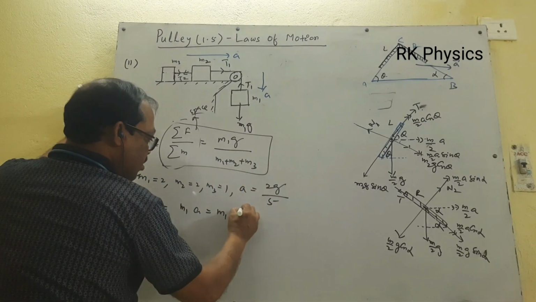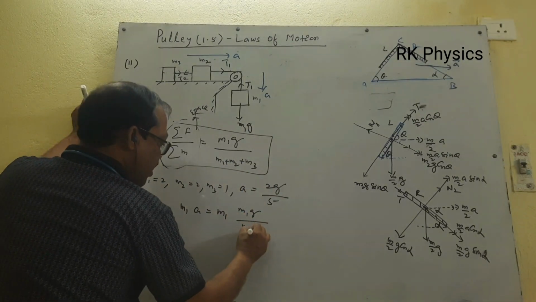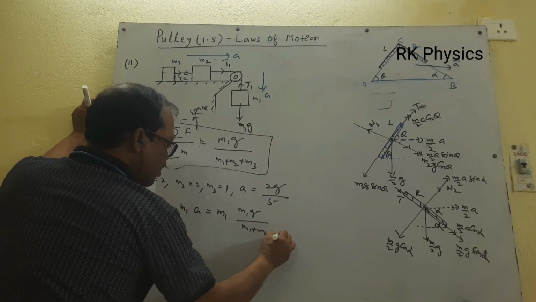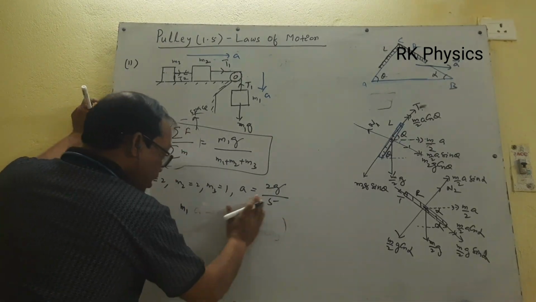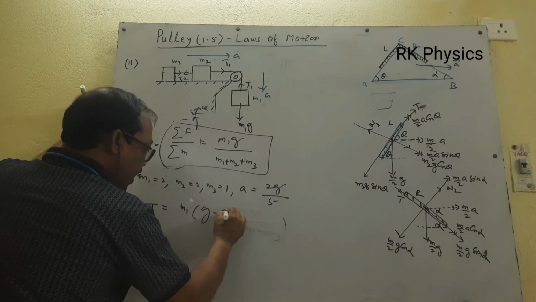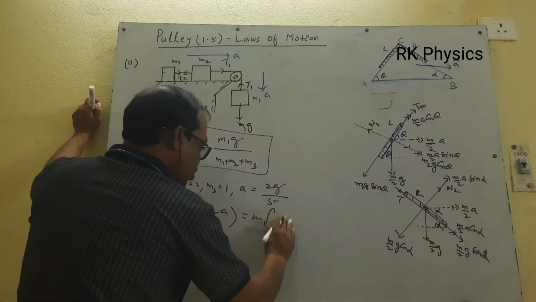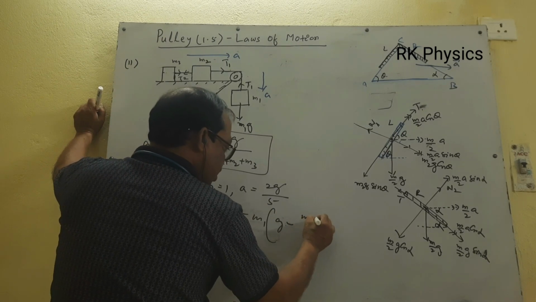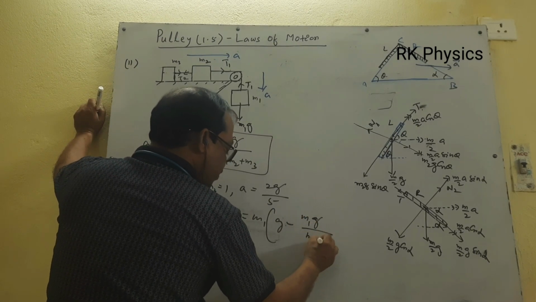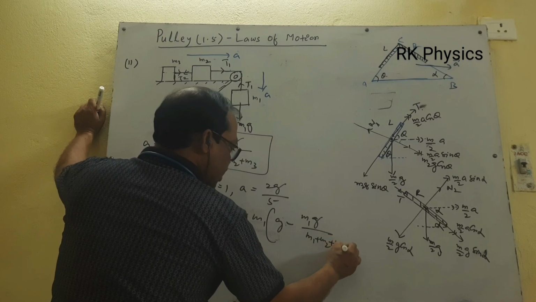You put the value of a, that is M1 g divided by M1 plus M2 plus M3. So T1 is M1 into g minus M1 g divided by M1 plus M2 plus M3.